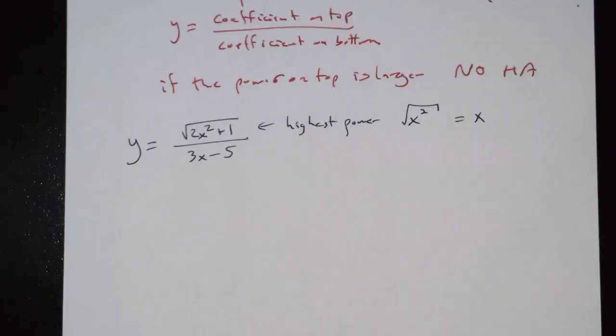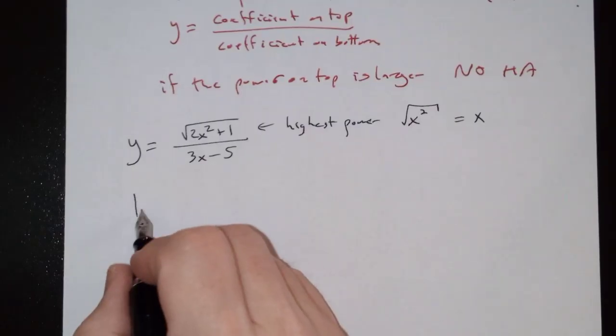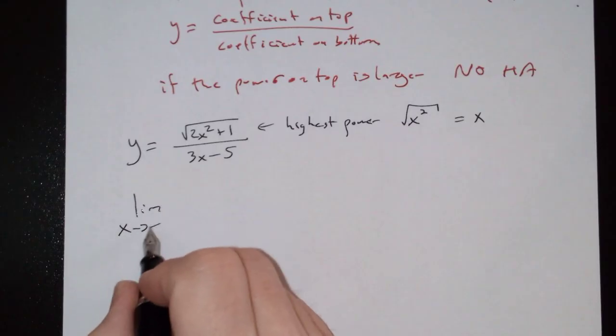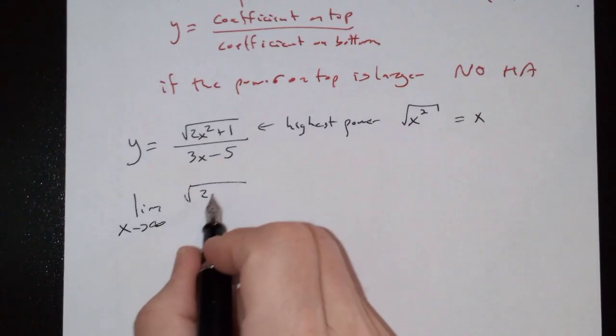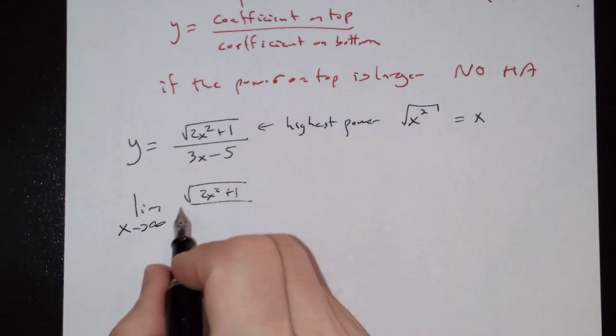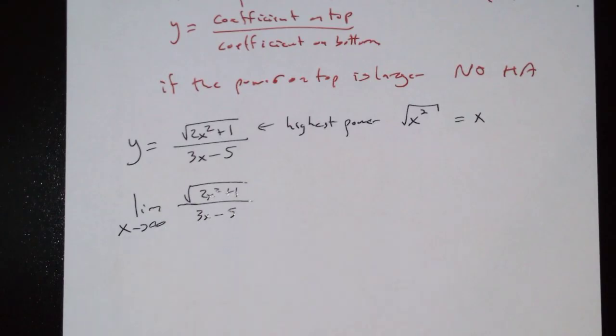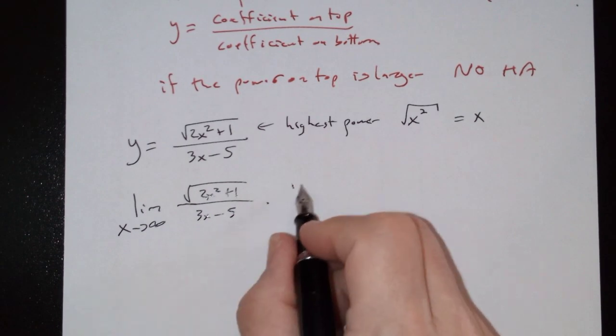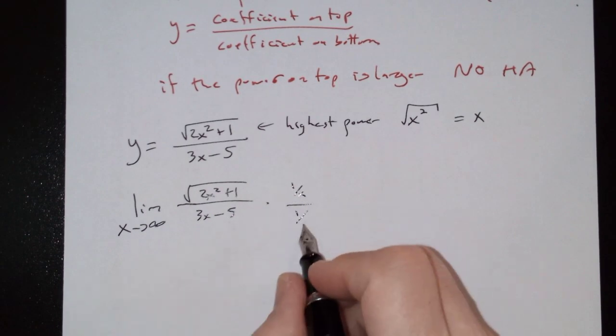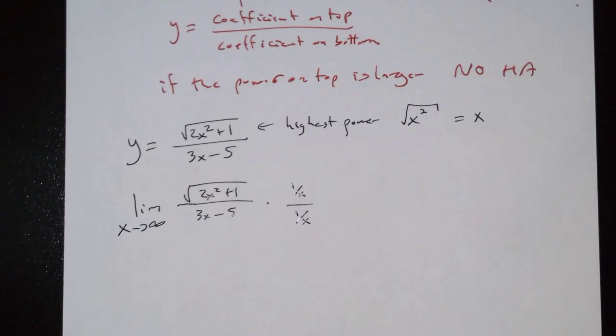So I'm going to think about the limit as we go to infinity, and I'm going to multiply by 1 over x on top and on bottom.